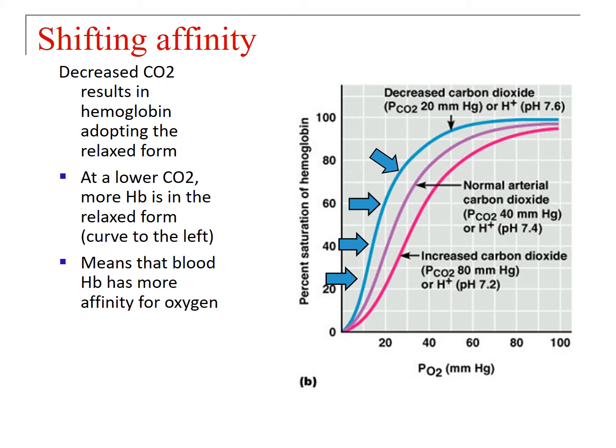So let's take a look at our values again. So we're going to go at 20 again. So with a normal amount of CO2 at a partial pressure of 20, you get 40% saturation. If you have low CO2 and alkaline pH, then at 20 partial pressure, you're going to get over 60% saturation.